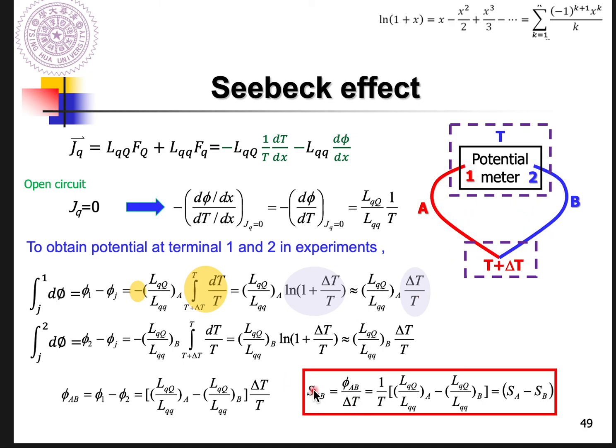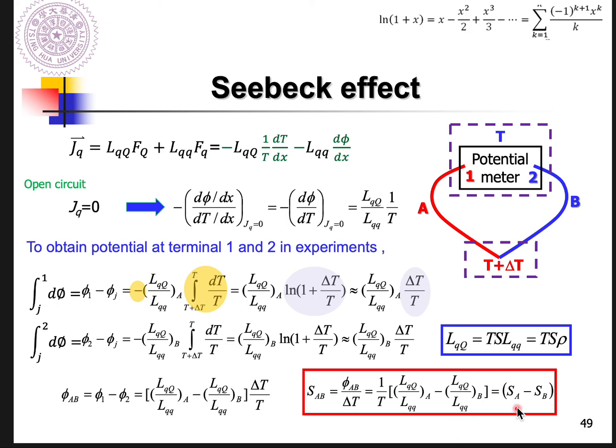So SAB is A relative to B. If you take this φAB here and divide by delta T, then you get this relationship, right? And this SAB just tells you SA relative to B, so SA minus SB.